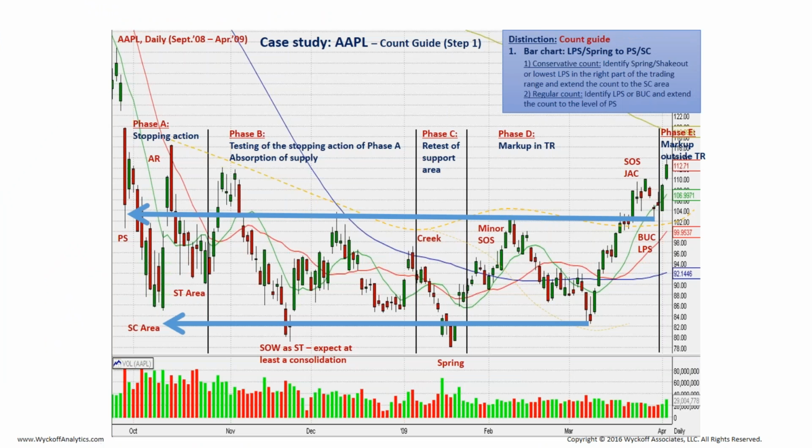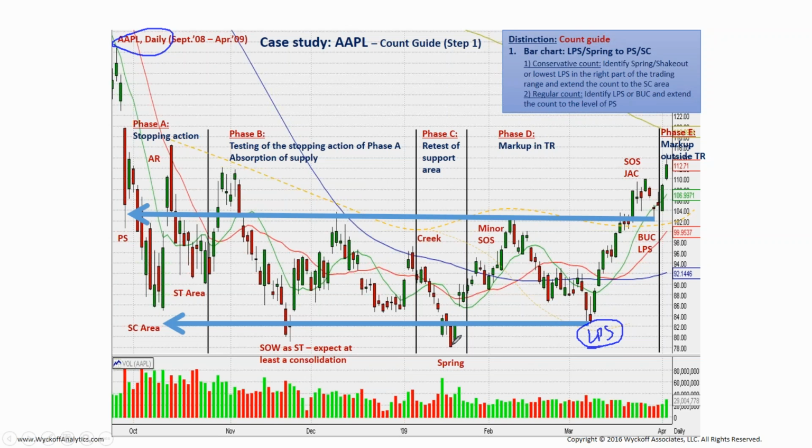Let's just go into the example right away. This is the chart of Apple, and this is the daily chart. This is the 2008-2009 trading range, and we already labeled this chart. We see that one of the last points of support that you've mentioned is right here.